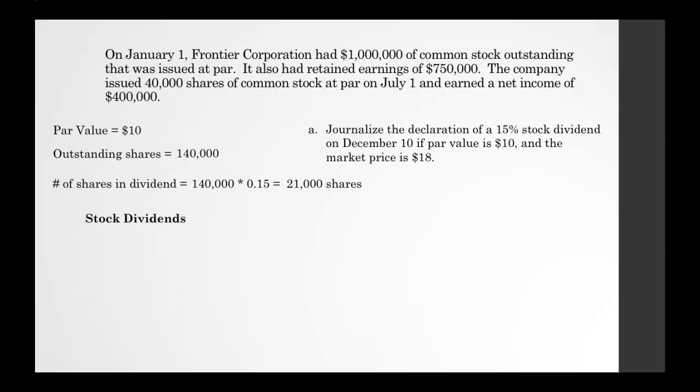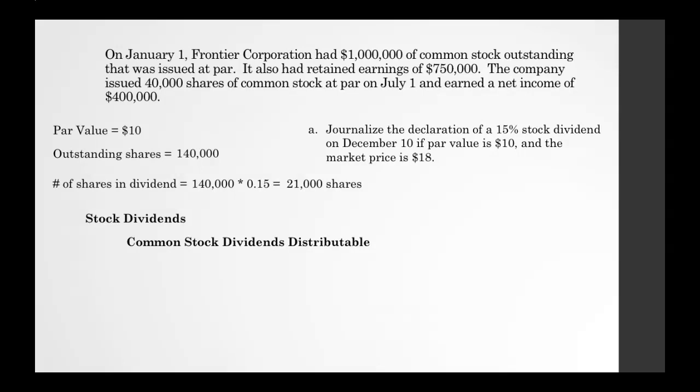Now, your journal entry, the first thing you need to do is debit stock dividends. So think of it as whenever you're declaring a dividend, you start off by debiting what kind of dividend you are declaring. Now, after we debit our stock dividends, we'll credit common stock dividends distributable, right?